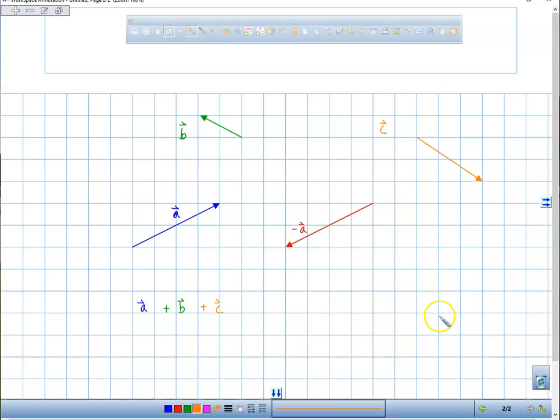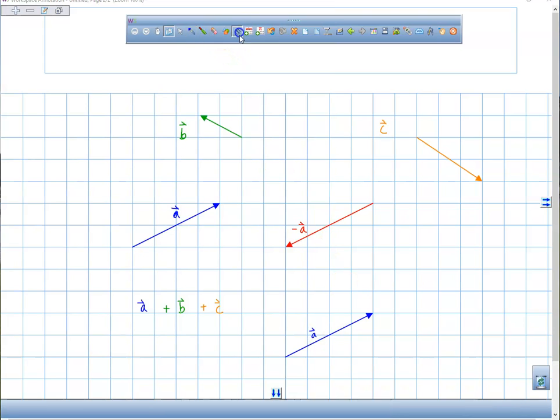We're just going to do one little example of how you add vectors together, and not just do it, but do it correctly. So we're going to take vector A, which goes over 4 and up 2. There's vector A. We call this the tail. We call this the tip. You always put the vectors tip to tail. So there's vector A. I'm just going to make the drawing right now.